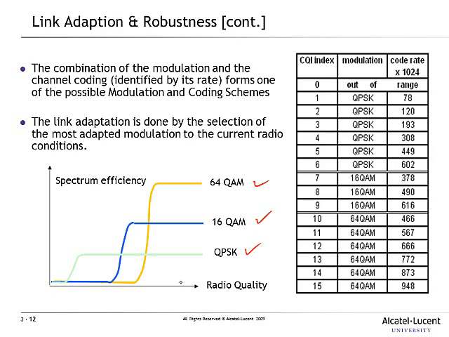Okay, if you have a good radio signal, if the quality of the channel is very good, then if I were to draw a vertical line here, I could use QPSK, I could use 16 QAM or 64 QAM. But in terms of spectrum efficiency, which is maximizing the use of your spectrum, 64 QAM is the best one.